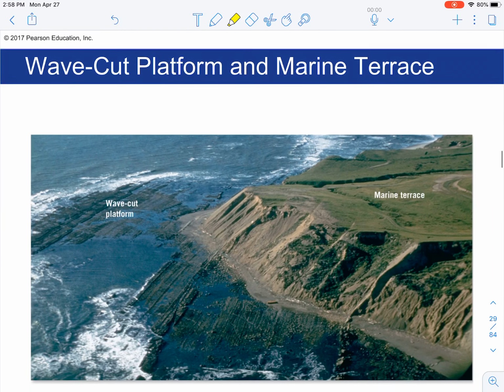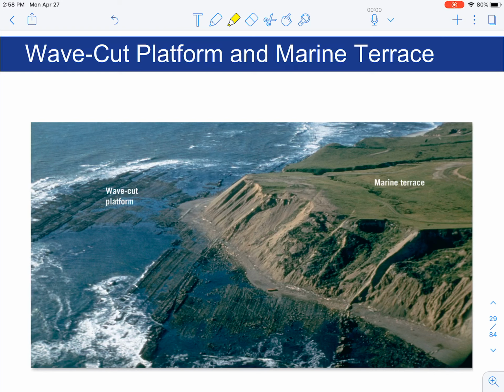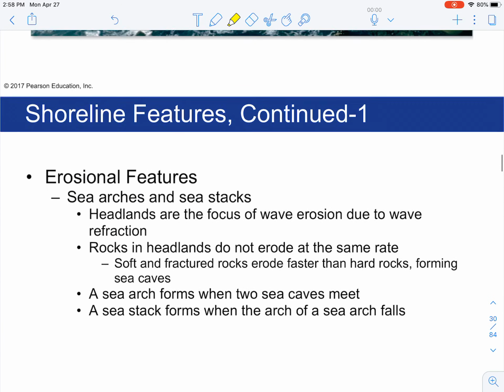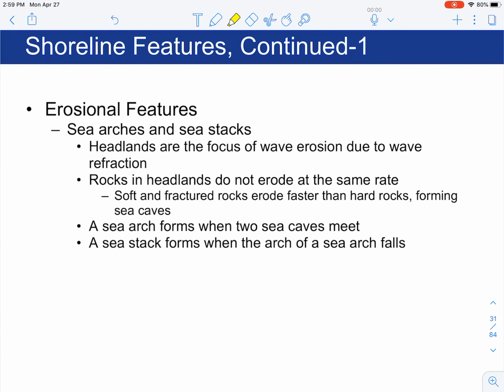We tend to see these wave-cut platforms and marine terraces in areas that have plate tectonic activity. We can also see other erosional features like sea arches and sea stacks, and these are cool.